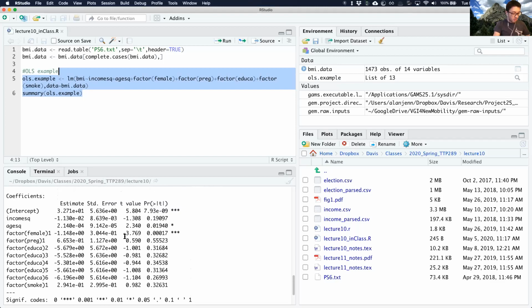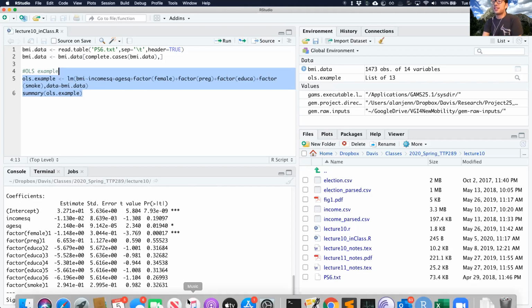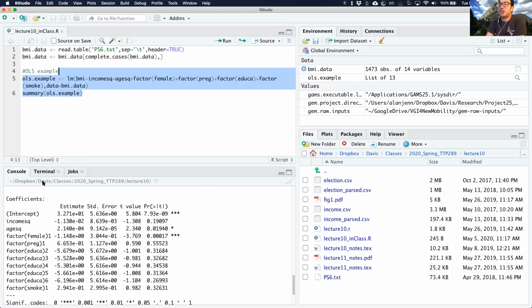Okay, one moment. So in this case, hang on, I'm getting a slightly different answer. Oh, no, okay, we're good. We're on track. All right, so we can interpret this, right?